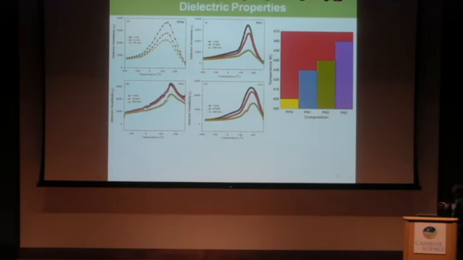With increase of magnetic content, you can see for PFN it is around 400, for PN1 it is around 430, for PN2 it is 440, and for PN3 the ferroelectric phase transition is around 460 Kelvin.